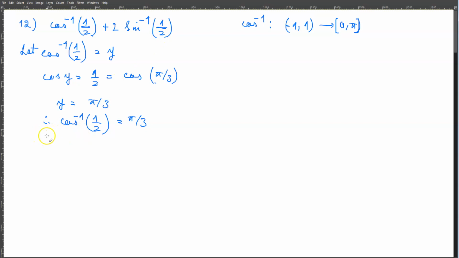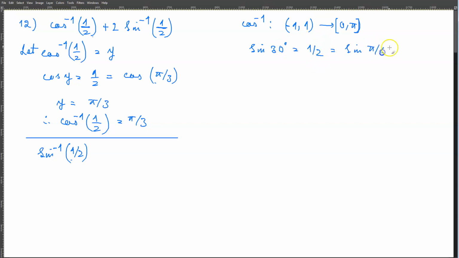Now to calculate the sine inverse of 1 by 2, you need to basically calculate, you know that sine 30 degrees is equal to 1 by 2, and 30 degrees is equal to pi by 6.